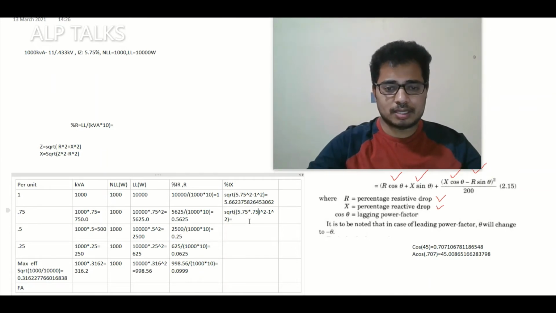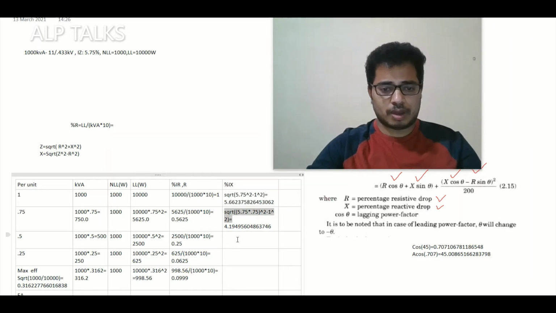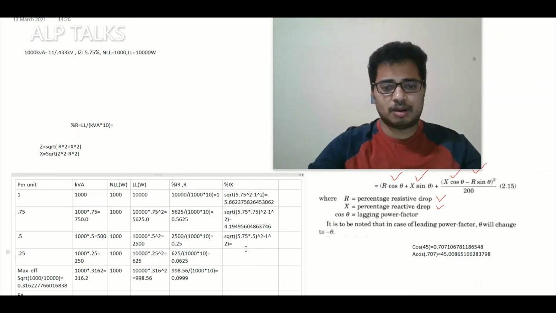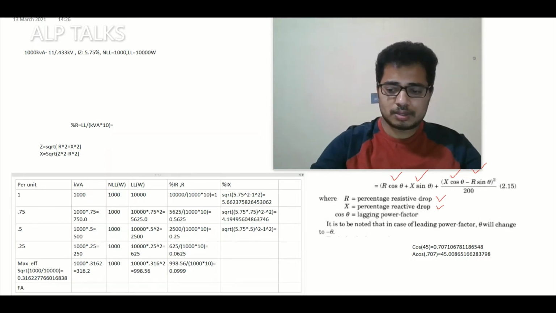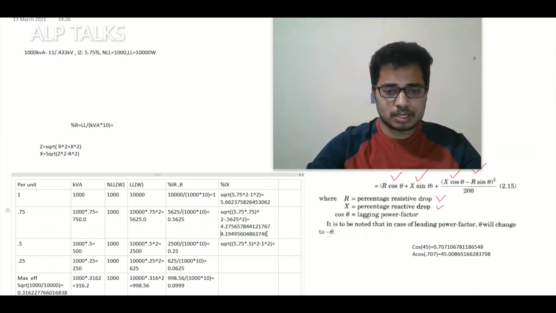So now it is 4.19. Now I am going to calculate for 50% load. For 50%, I just modified the impedance. I think I forgot to change the resistance here, 0.5625. So what will be the value now? This is 4.27. We forgot to change the resistance.